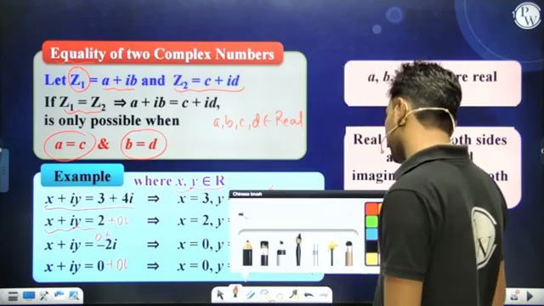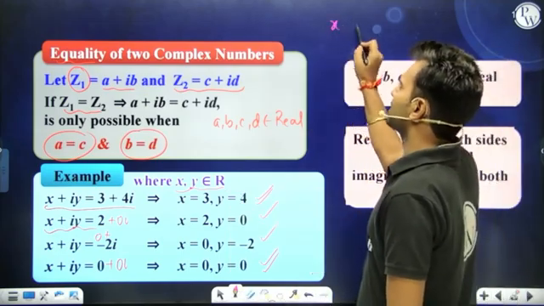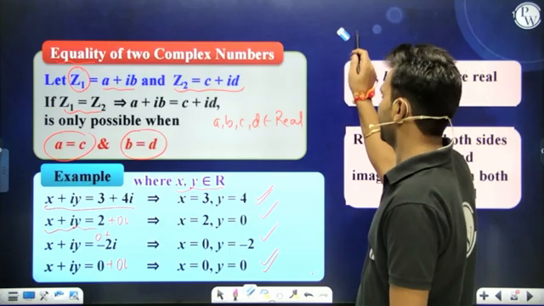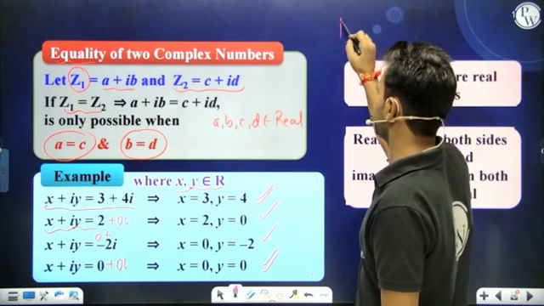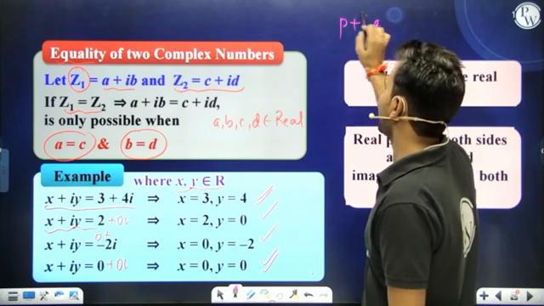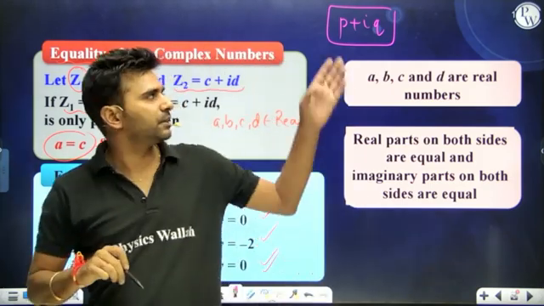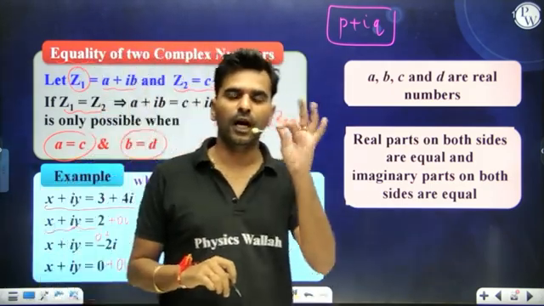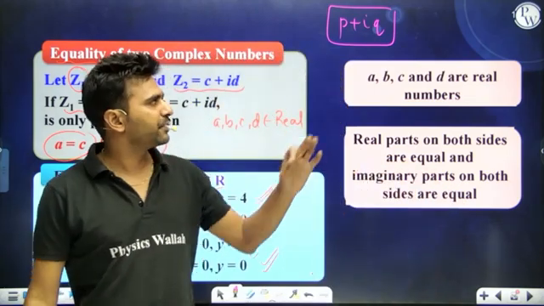Now let me tell you one very important thing. If I give you a complex number like this, let's say something like p plus iq, and if I ask you what is the real part of the complex number, a lot of guys will tell me that the real part of the complex number is p and the imaginary part is q.